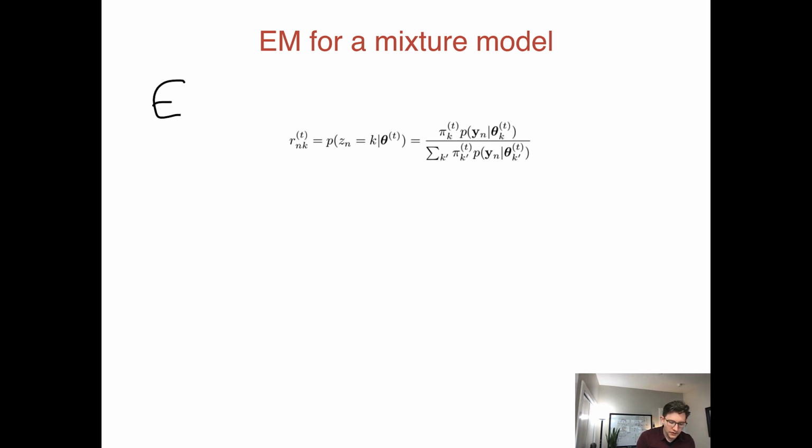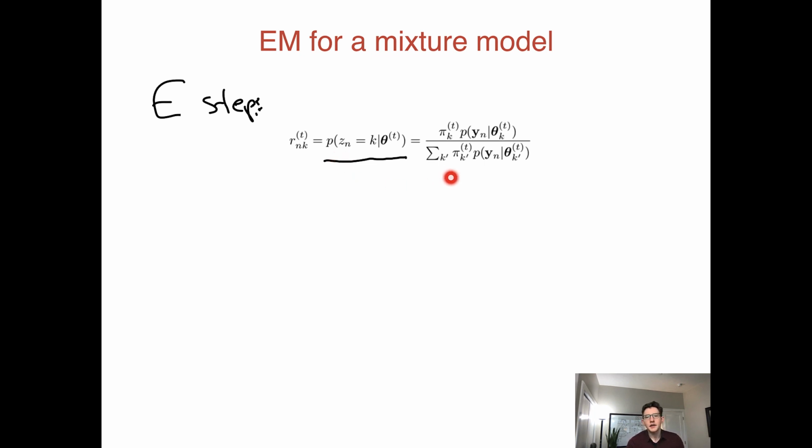So here, let's start with the E step. In the E step, we have to define our auxiliary Q distribution, which is P of z given theta t. We can figure this out as follows.